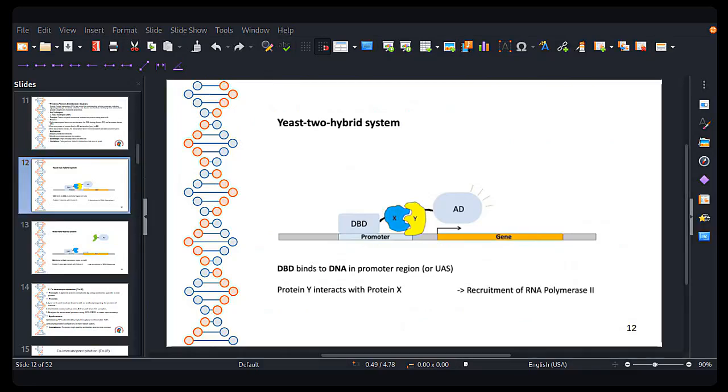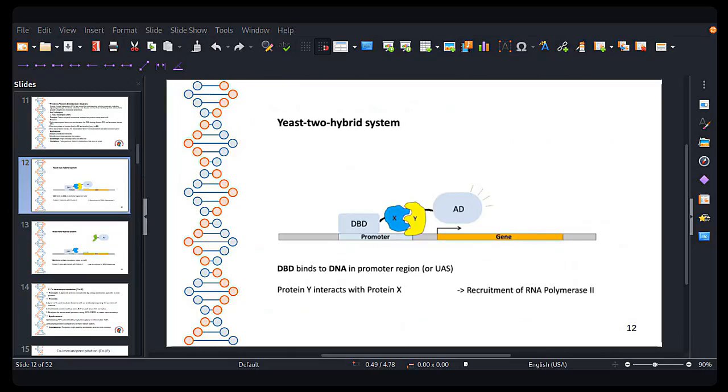For your easy understanding. प्रोमोटर पे हमने DNA बाइंडिंग डोमेन को अटैच करा. यहाँ पे हमारे पास एक्टिवेशन डोमेन है. अगर X और Y दो प्रोटीन्स हैं, here X and Y are two proteins. अगर इनकी इंटरेक्शन हुई तो आगे ट्रांसक्रिप्शन होगी. Transcription will take place if these two proteins interact with each other.